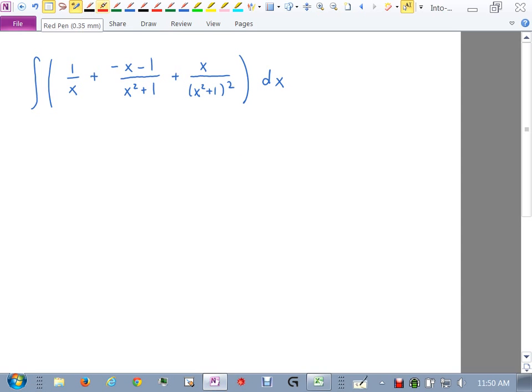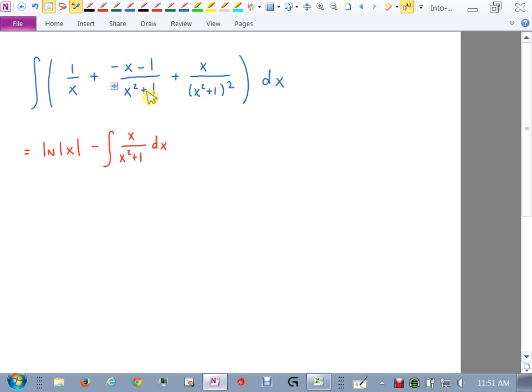We okay? So now this is equal to natural log x plus, now I'm going to make it a minus. I'm going to go integral x over x squared plus 1. Why am I doing that? Because if I split this up, right, I'm going to have x over x squared plus 1.